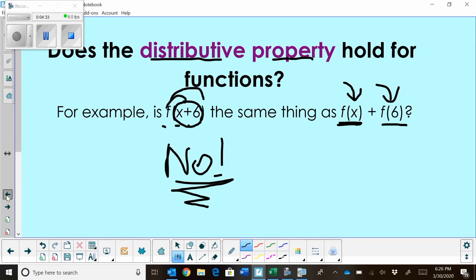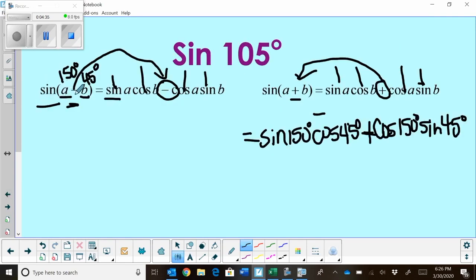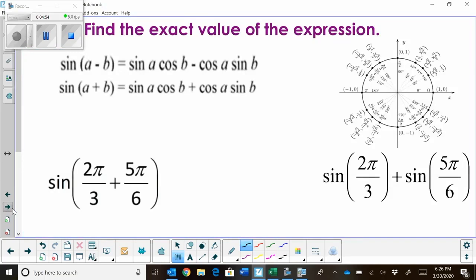So the distributive property does not work. That's why on this one, the sine of A minus B is not sine A minus sine B. That would be applying the distributive property to this sine formula, and this is not true. When it comes to functions, that's not true.